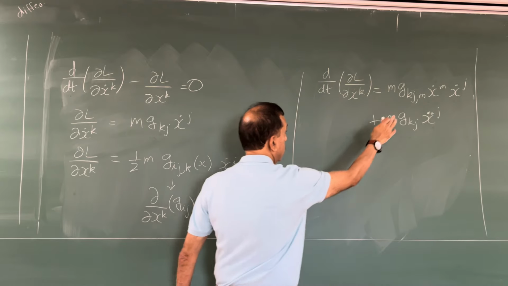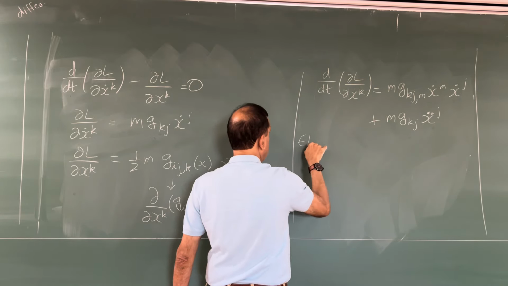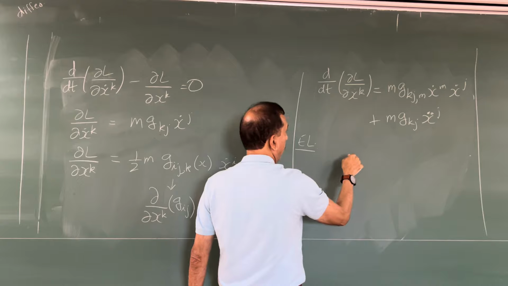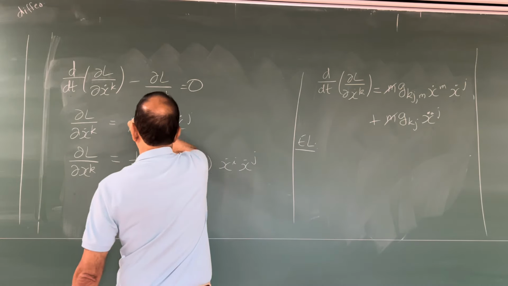So the claim is that, Euler-Lagrange says that now I can cancel m everywhere as I expected.